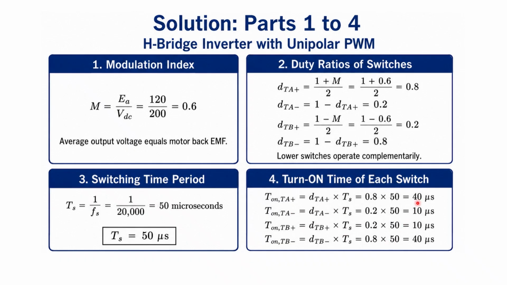So here you can see that TA plus is turned on for 40 microseconds, TA minus turned on for 10 microseconds, TB plus also turned on for 10 microseconds, and TB minus turned on for 40 microseconds. That is TA plus and TB minus should turn on in the same time period. TA minus and TB plus should turn on in the same time period. They are complementary to each other.